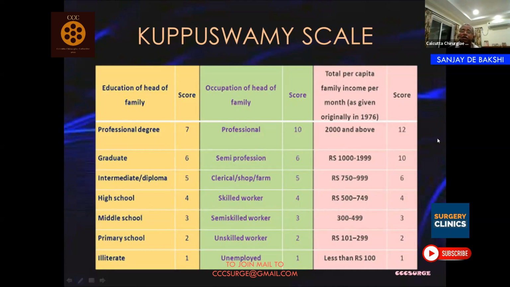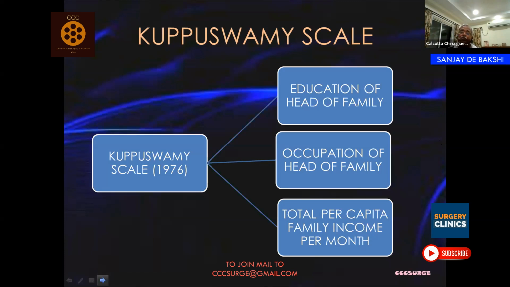And what were we going to earn? We were going to earn 300 rupees a month. So you can well imagine. So that needed changing. What changed was that everything else stayed the same. The total per capita family income per month had to change, and that was the modified Kuppuswamy scale.